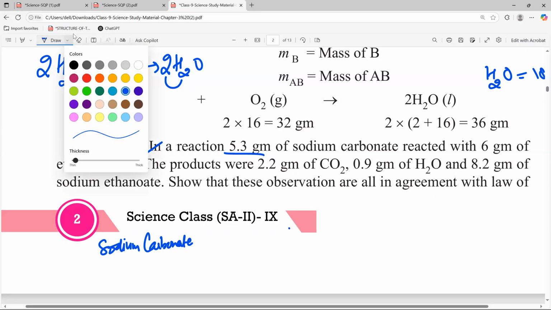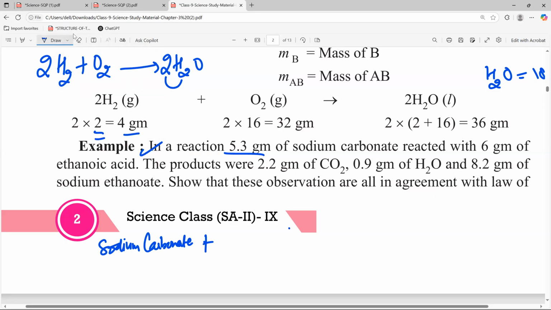It is treated with 6 grams of ethanoic acid. So write ethanoic acid. Then it gives you carbon dioxide, CO2, water, and sodium ethanoate.